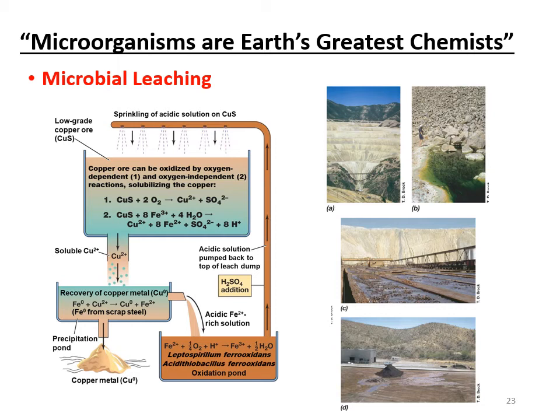Basically what's happening is you have the promotion of acid production and the breakdown of sulfides by what we call acidophile bacteria. They like those acidic conditions. You can use this in large-scale mining operations, and they're basically like little microbial miners for you. They're breaking down these big ores, and they're extracting what you want from them.